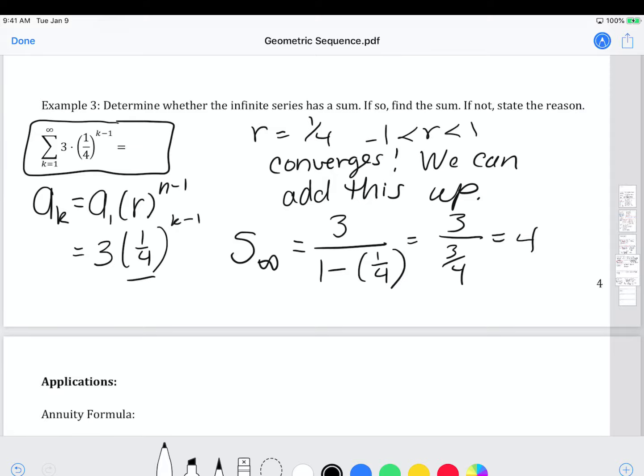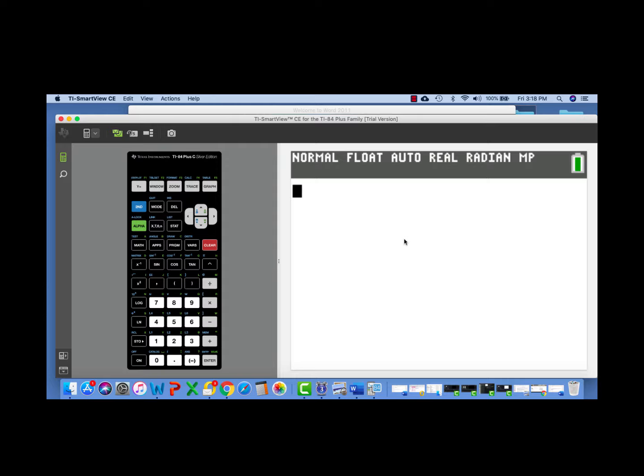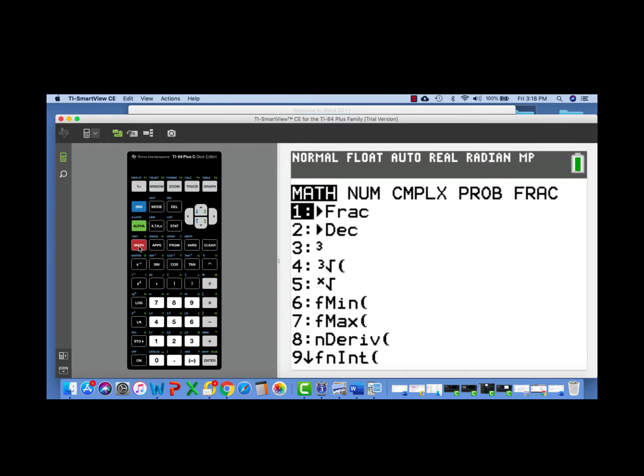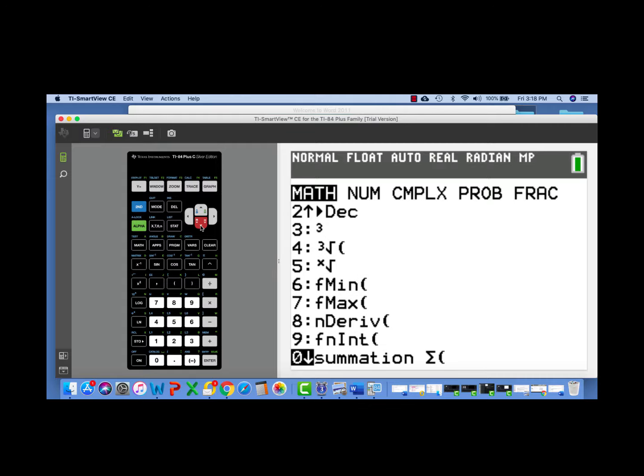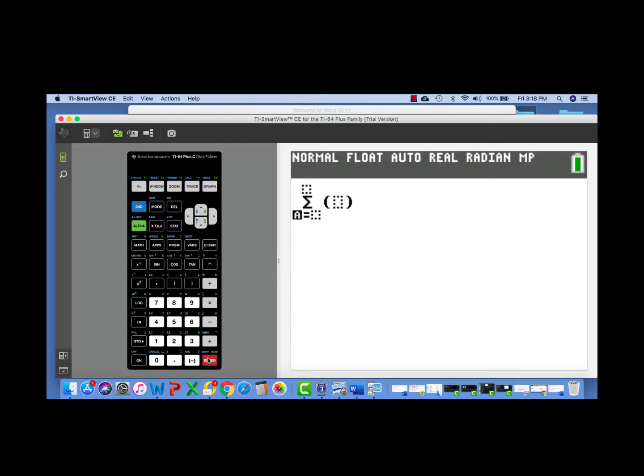Now, there is a way that you can do this on the calculator. Let me show you. If I want to find an infinite sum on the calculator, what I'm going to do is go to my summation notation under the math menu. I'm going to scroll down, find my summation notation, and fill everything in like I normally would. I want to start at x equals 1.